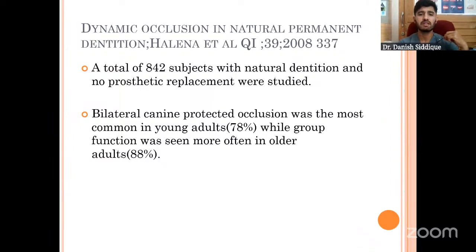When they found out which type of occlusion existed, in adult individuals the majority had the bilateral canine protected occlusion, because the canines were not treated and were completely intact. So canine guided occlusion was most common in young patients, but as age advanced, there was wear and tear seen in the older patients. So older patients often presented with group function occlusion.